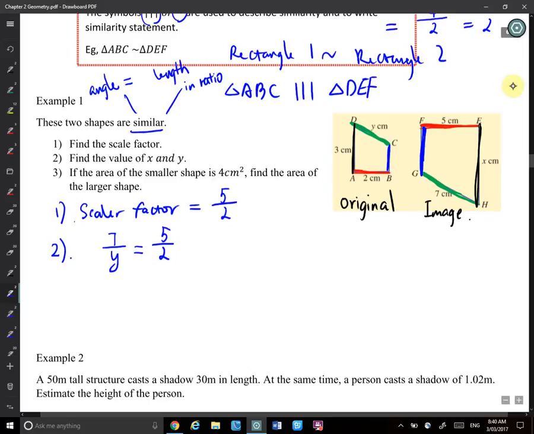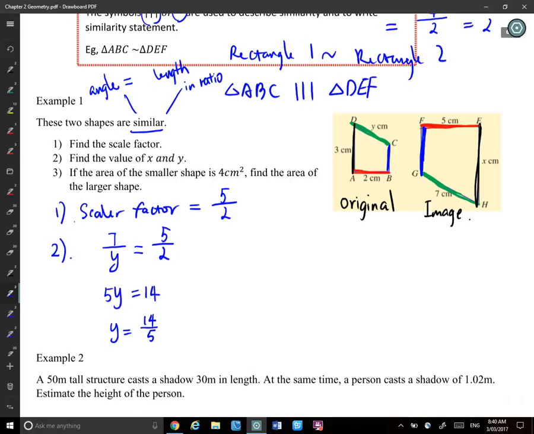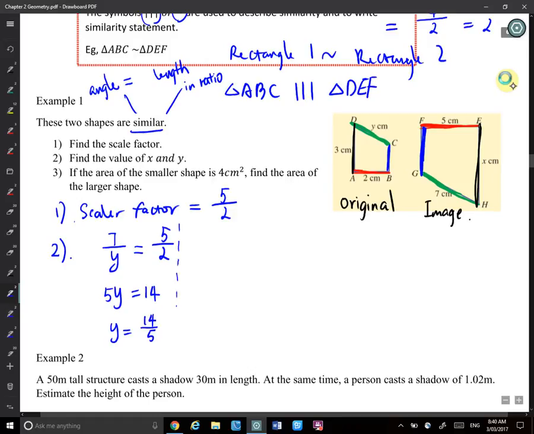So cross multiply: 5y equals 14, and y gives me 14/5. That's how we can find this y.